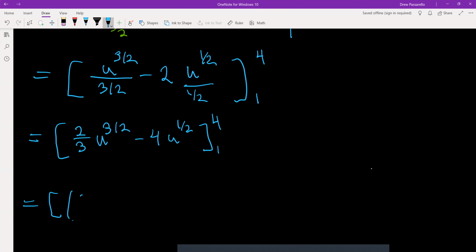And so that's going to be 2/3, 4 raised to the 3/2, minus 4 times 4 to the 1/2, which we know is the square root of 4. Then minus, and then just plugging in 1.